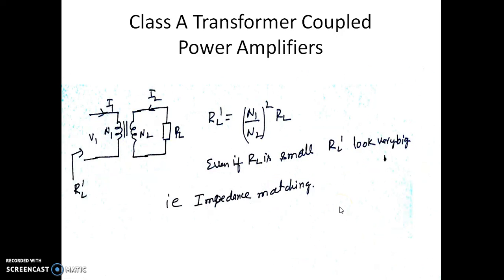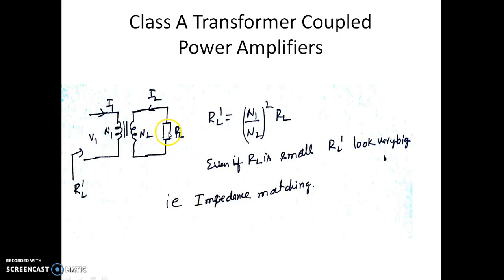That means to say, if we are connecting the resistor RL over here, its input impedance RL dash, looking at the input terminal here, looks like N1 by N2 whole square into RL. Even if RL is small, RL dash looks like a very big value. So this is the main advantage of using these transformers, which is impedance matching.